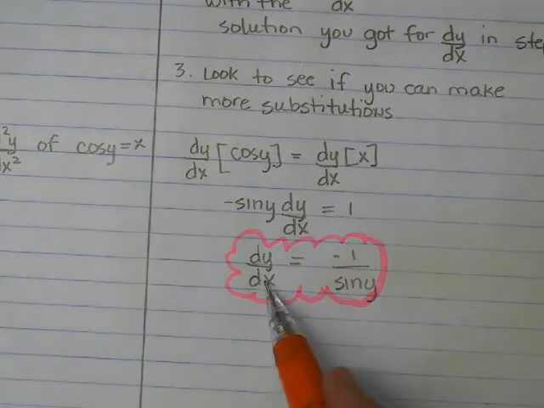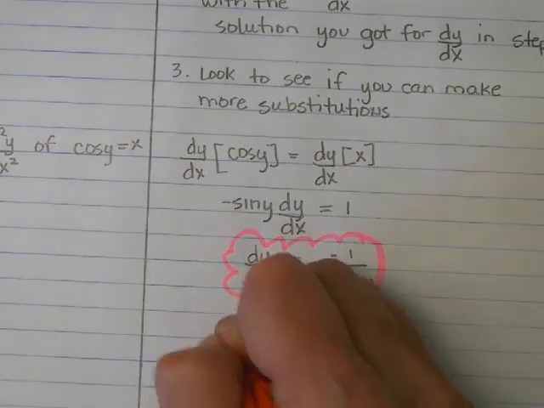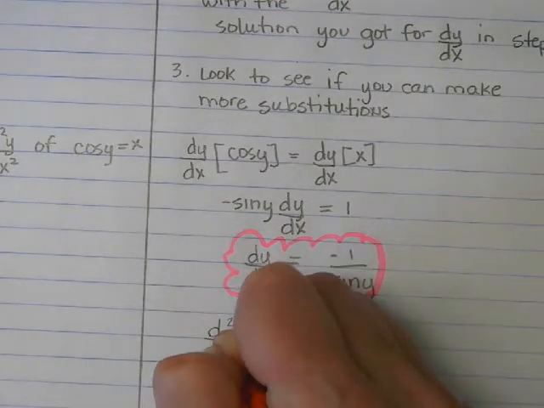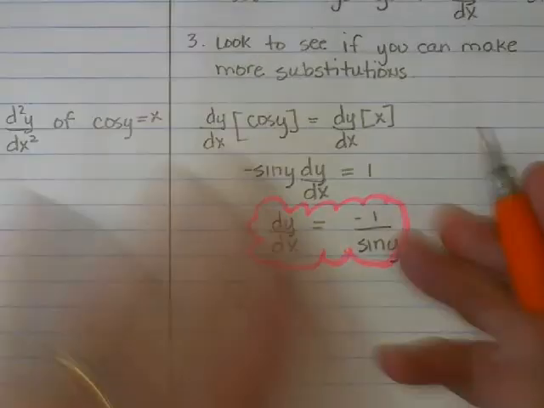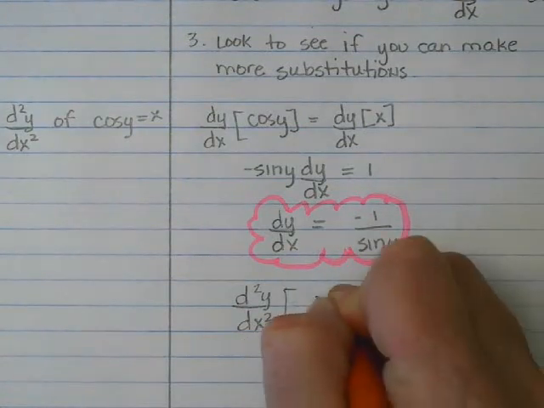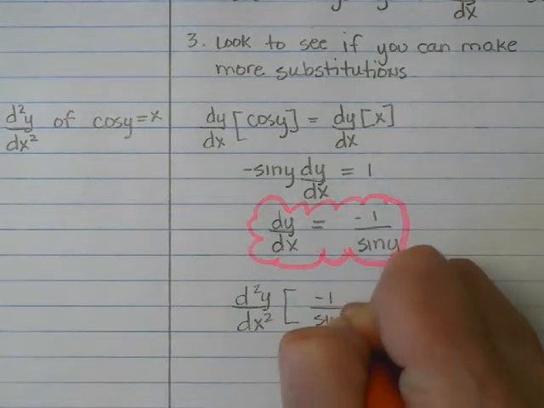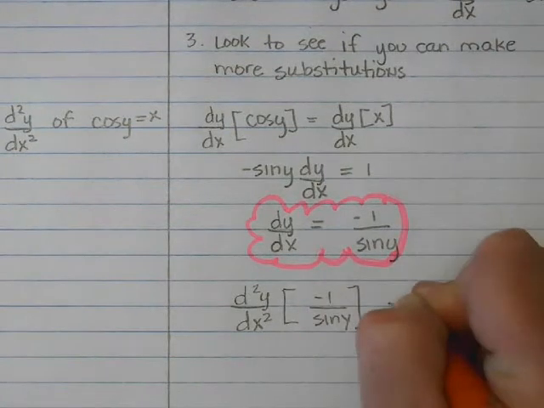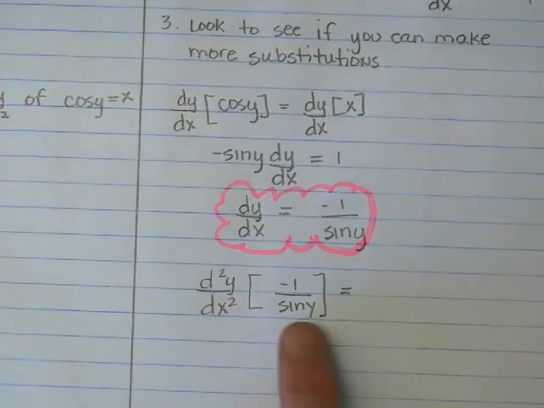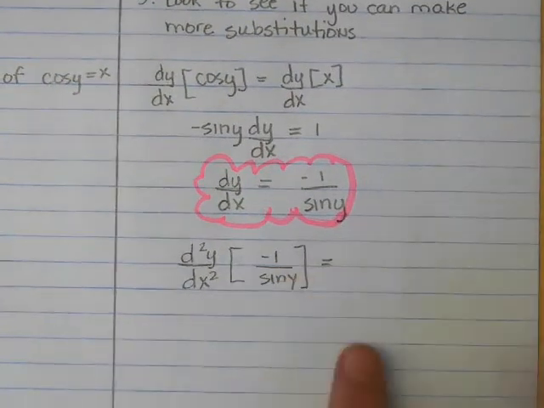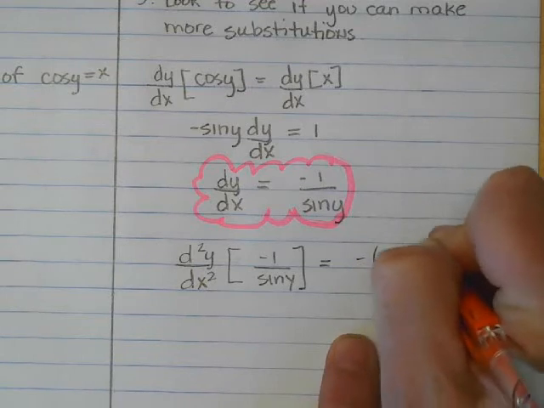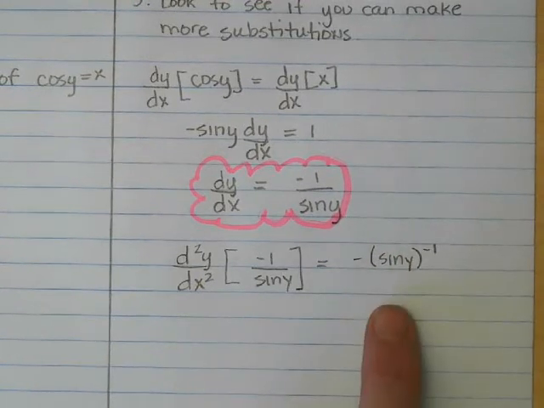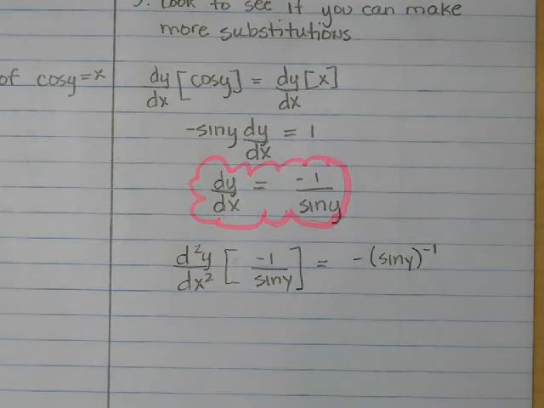Okay, so now I'm going to take the second derivative, d squared y dx squared, and actually I could do this, of negative 1 over the sine of y is equal to, now I'm gonna rewrite this guy. Let's rewrite this as negative sine of y to the negative 1, because I don't want to use the quotient rule.